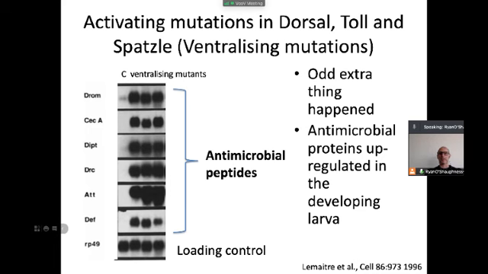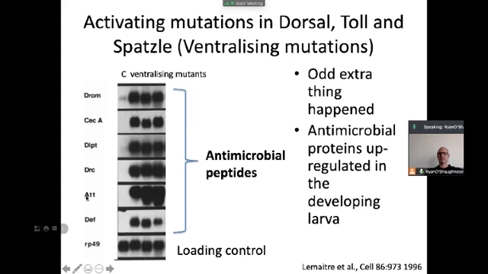So one really weird thing that happens when you activate mutations in dorsal, toll and Spatzle, which are our ventralising mutations, a very unexpected extra thing occurred. Antimicrobial proteins that are expressed by Drosophila were upregulated in a developing larva. And this is a Western blot, so we're detecting RNA from our ventralising mutants versus a control.